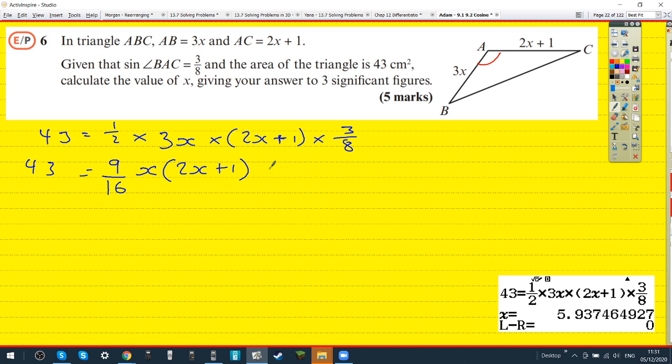Times 2, so it'd be 9 over 8 x squared, I think. Yep. Plus 9 over 16 x. Yep. Would there be x at the end? Yeah. And then you can solve that as a quadratic.